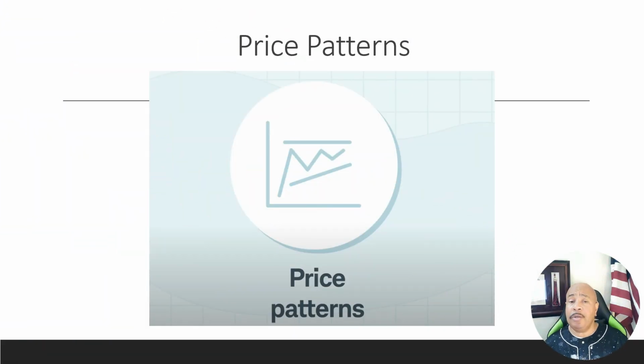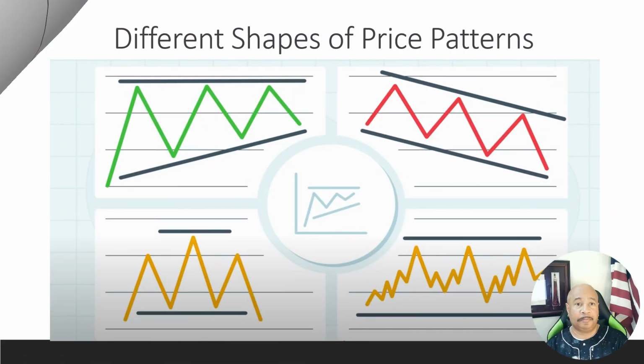Price patterns. We use those trend lines to actually create price patterns, which means what's the price going to do? And there are different shapes of price patterns. You can see the one that we love, which is the one on the left, the green upward, which is basically a triangle shape. Then you have the one on the right, which is the red, which we call a flag of some sort.